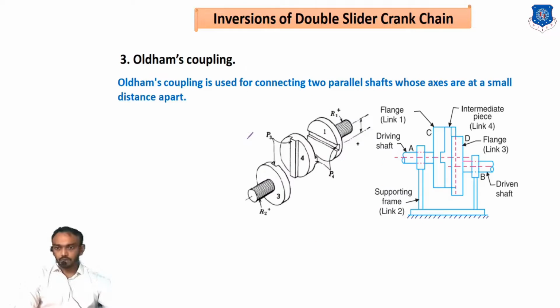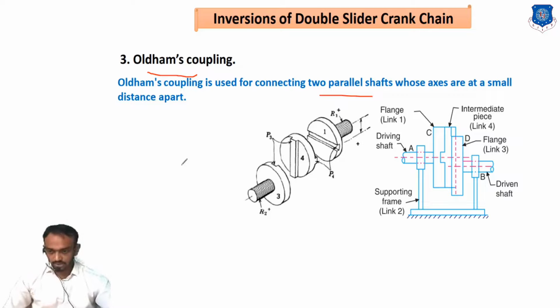We are going to the next and last inversion of the double slider crank chain. It is the Oldham coupling. We already know the Oldham coupling connects two parallel shafts whose axes have a minor lateral misalignment, not angular.